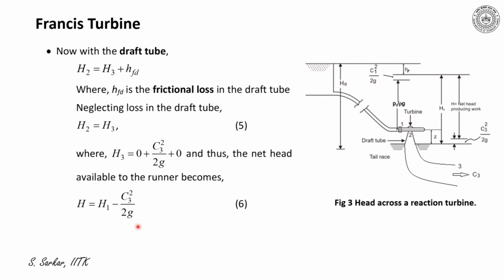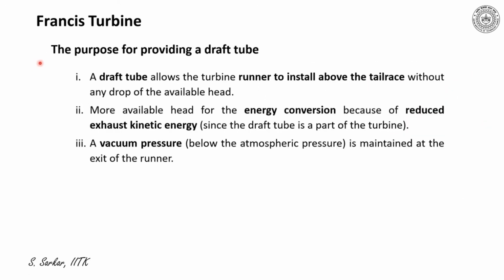Thus, please note that the available energy to the runner has increased because of the addition of the draft tube. Thus, I have illustrated here the purpose of providing a draft tube. A draft tube allows the turbine to be installed above the tail race without any drop of available head.